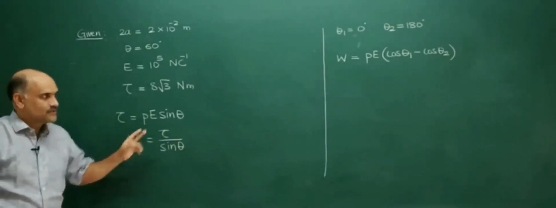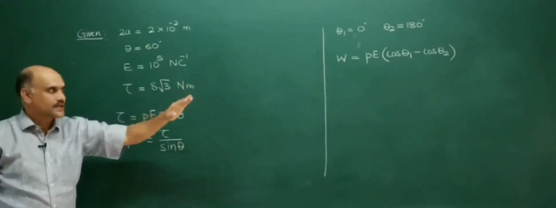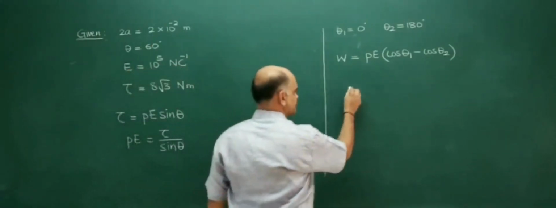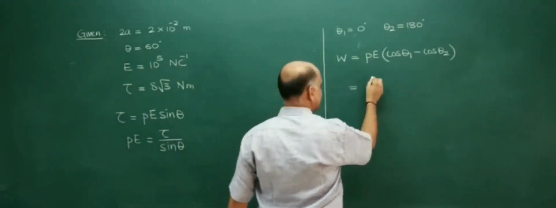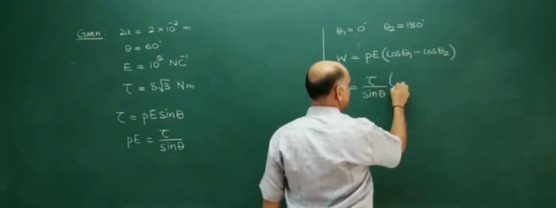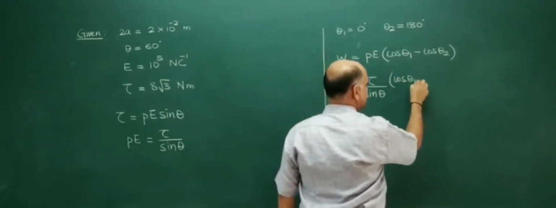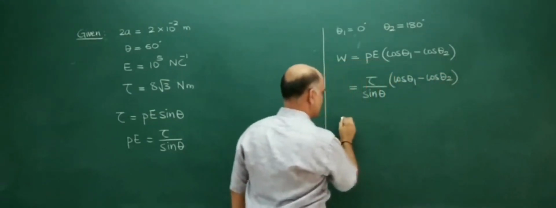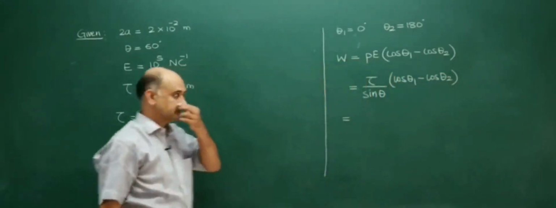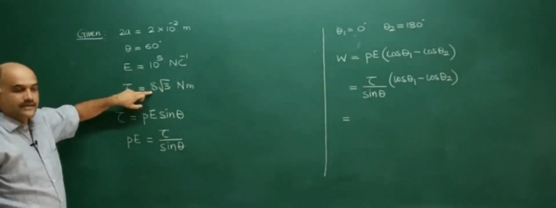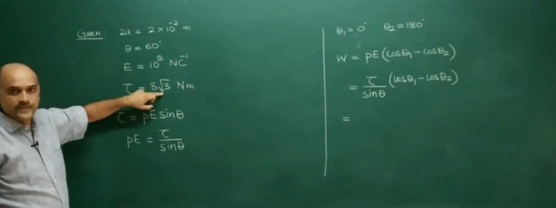Now this value I will substitute over there. Then in one step we'll put all the given values. So work done I can write as tau by sin theta into bracket cos theta 1 minus cos theta 2. Now substitute the values. Tau he has given 8 root 3, correct?